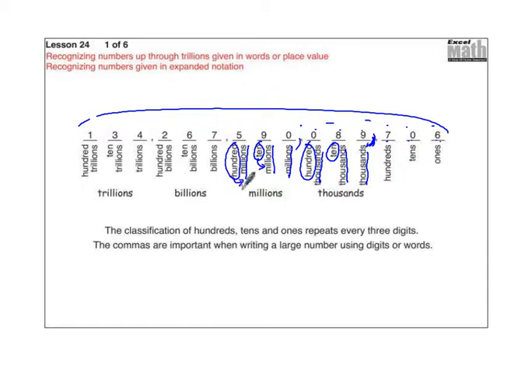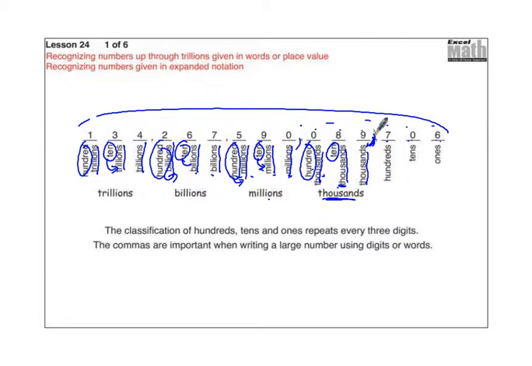You might want to turn your paper sideways so you can read these a little bit more easily, I should say. And then we have the billions, 10 billions, 100 billions, and then we have this other one called trillions. These all say trillions, and then it's 10, 100. So you can see there's a repeating pattern that it always starts with the basic word, in this case thousands, and then we do 10,000s, 100,000s, and then millions, 10 millions, 100 millions, billions, 10 billions, 100 billions, and so on.